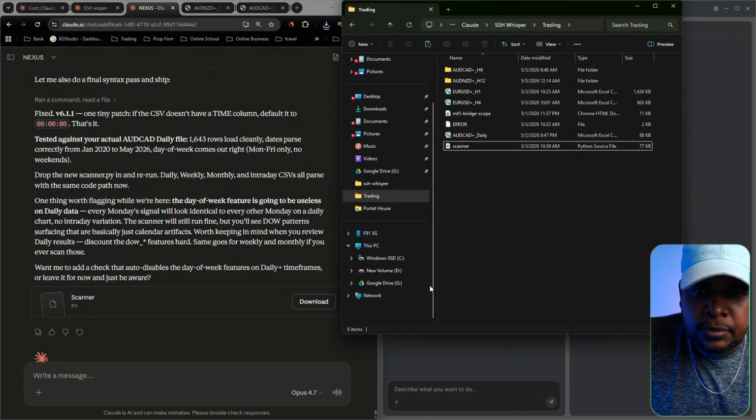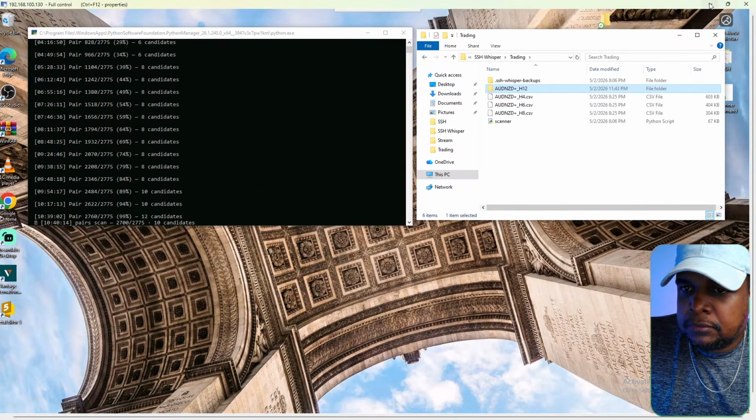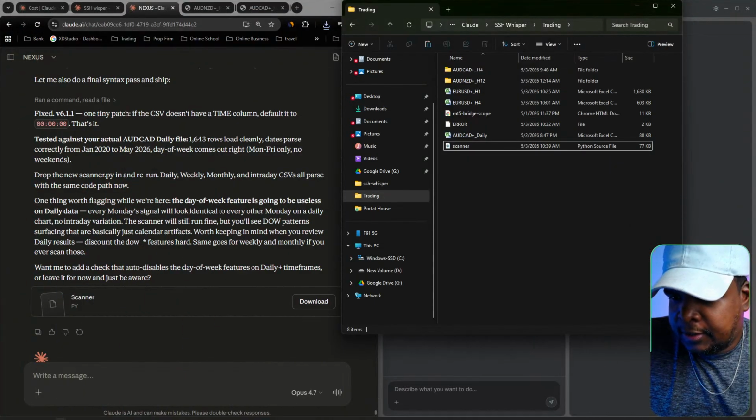So what I need to do now is replace the scanner here.